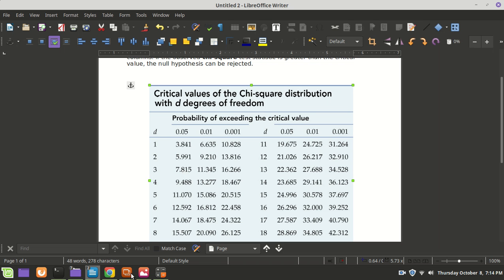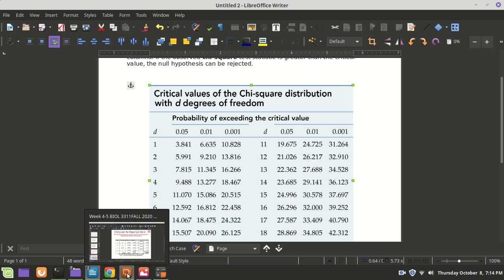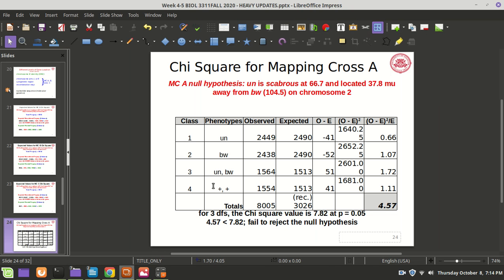Now, how do we interpret that on our chi-squared? Well, what we're doing, we're comparing these two numbers, 2,449 and 2,490. And what we're saying is there's a change. We expected this, and we're asking, is this close enough for me to say that these are actually okay?